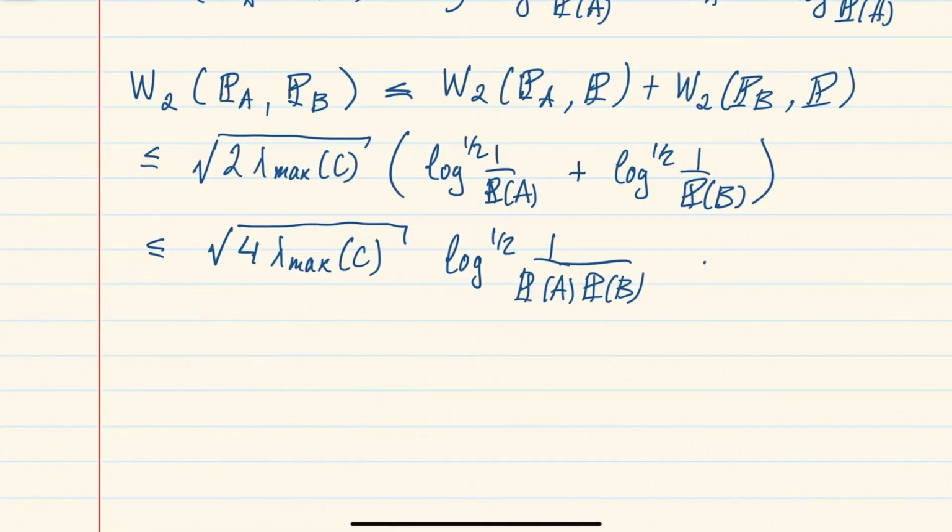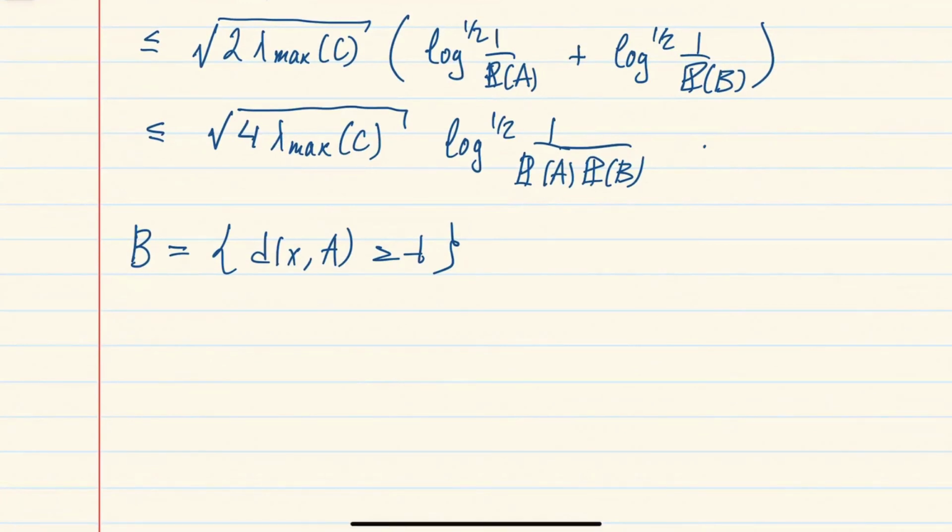Now on the other side, when we look at this Wasserstein distance, in the case when B is the set of points which are at least at a distance t from A. So let's consider this particular set that we were interested in for the Gaussian concentration inequality, and ask ourselves what is this transportation distance between the measure P_A concentrated on the set A and the measure P_B, which is concentrated on the set at a distance t from A. If you remember this interpretation of average transport cost of moving one pile of mass into the other, you should realize that we are moving each point at a distance at least t.